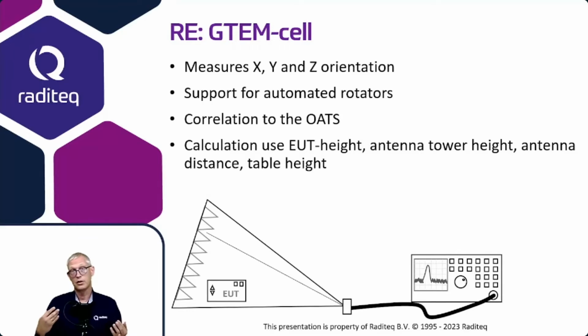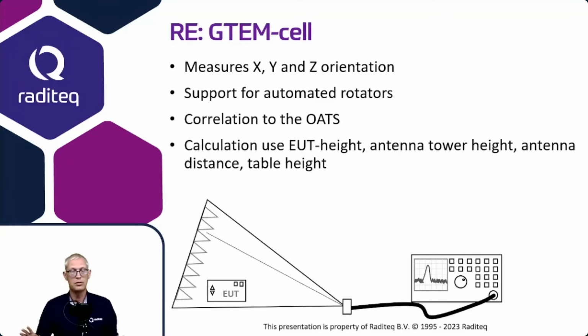And after the X, Y, and Z are measured, the correlation calculation is also performed to convert those measurements into one measurement result, correlated to how the result would be on an open area test site. This calculation uses the height of the EUT, the antenna tower height, the antenna distance, and the table height on the OATS.